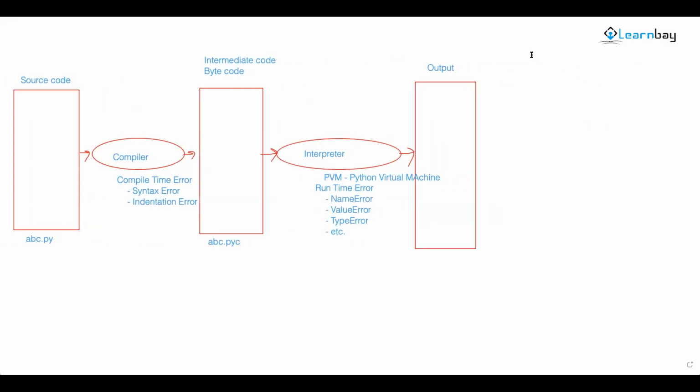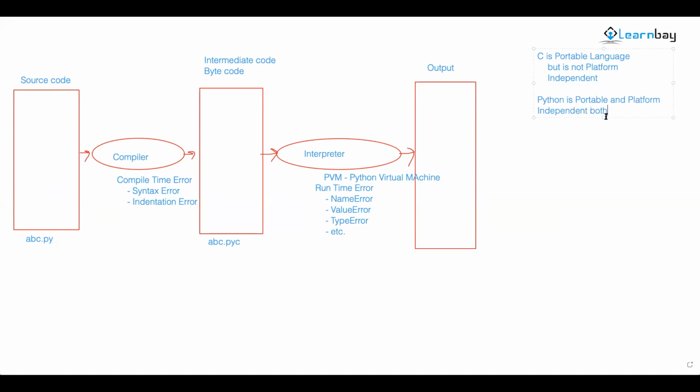C, if you'll compare C with Python, so C is portable language. Okay, but C is not platform independent. Okay, whereas if you'll talk about Python, Python is portable and platform independent. Okay.